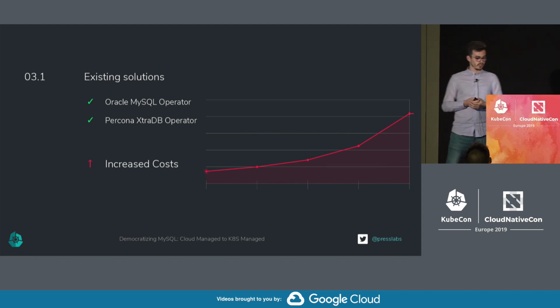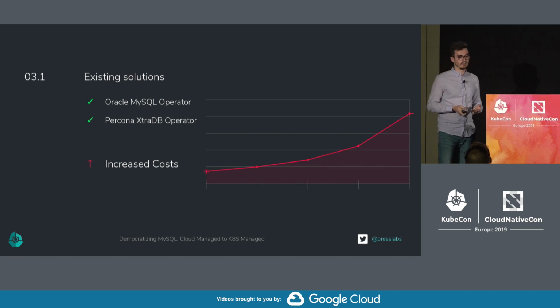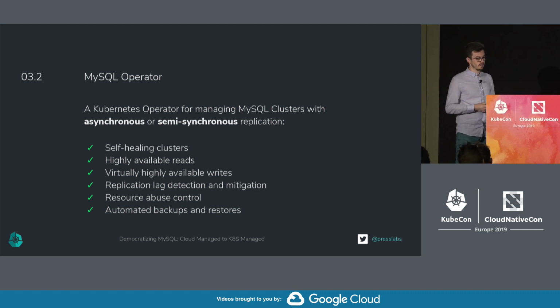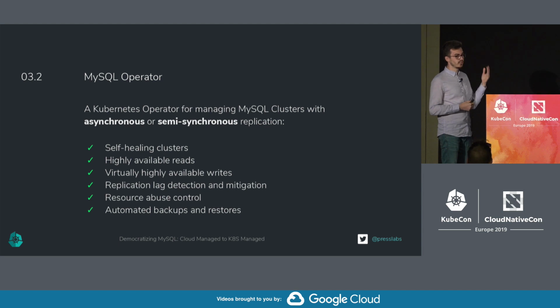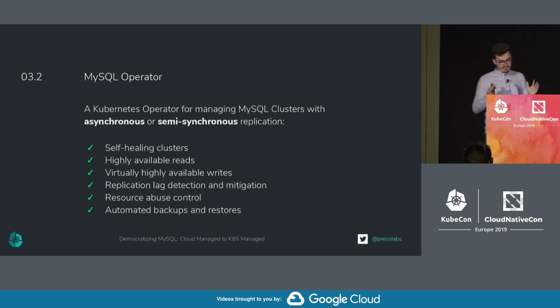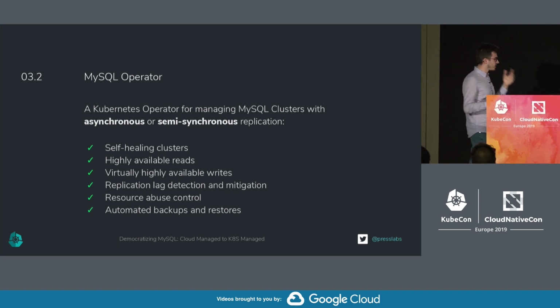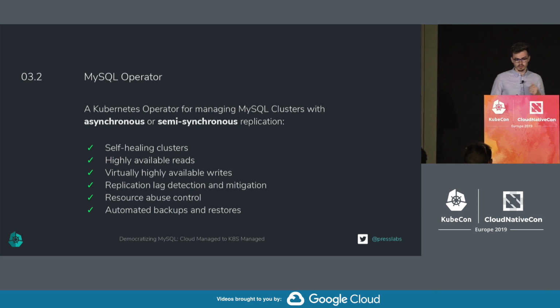So as great engineers do, we ended up building a solution ourselves. A Kubernetes operator for managing MySQL cluster with asynchronous or semi-synchronous replication. So in the past 10 years, we've identified several must-have features which have been integrated into the operator to fulfill our basic needs that I just presented.